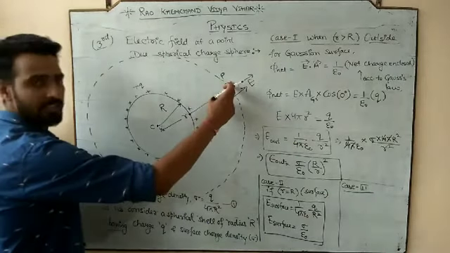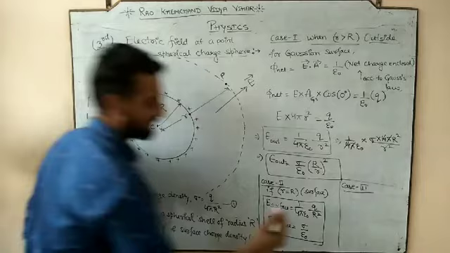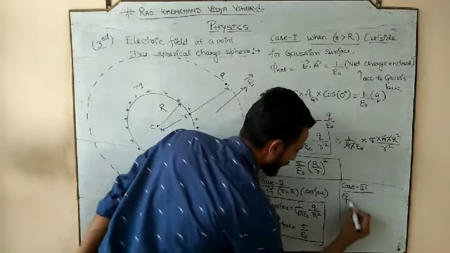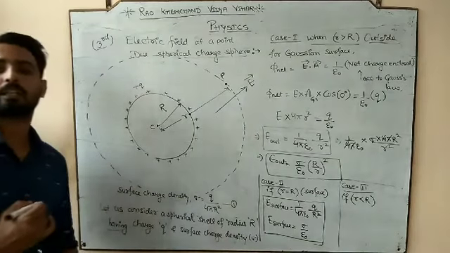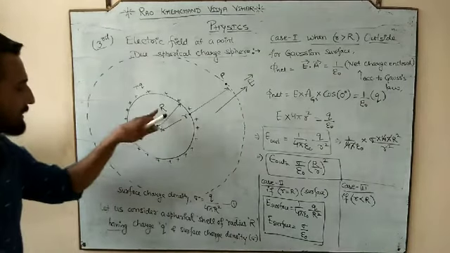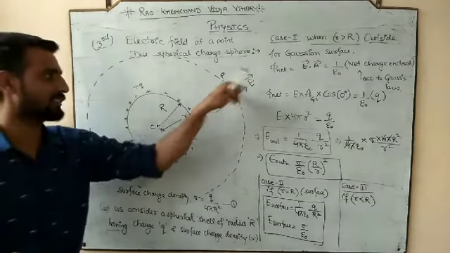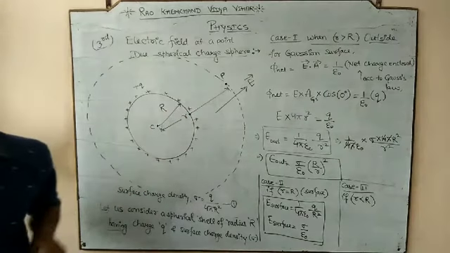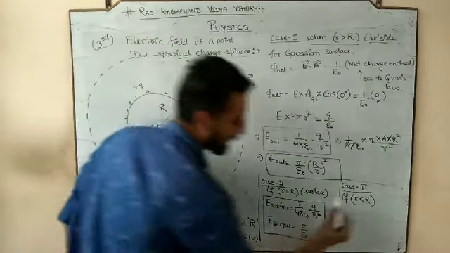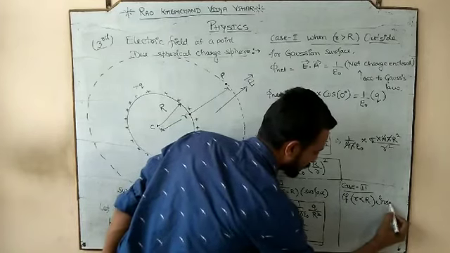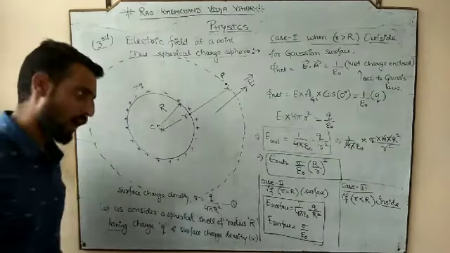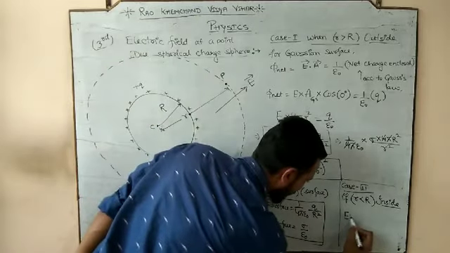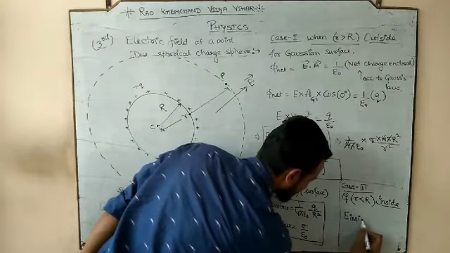So we have done outside, we have done on the surface, and case number 3: small r is less than capital R. So when small r is less than capital R, it means the distance of the P point is less than the radius of the spherical body. So definitely where should be the P point? It should be inside the spherical body. Now, inside the spherical body, E would be 0.